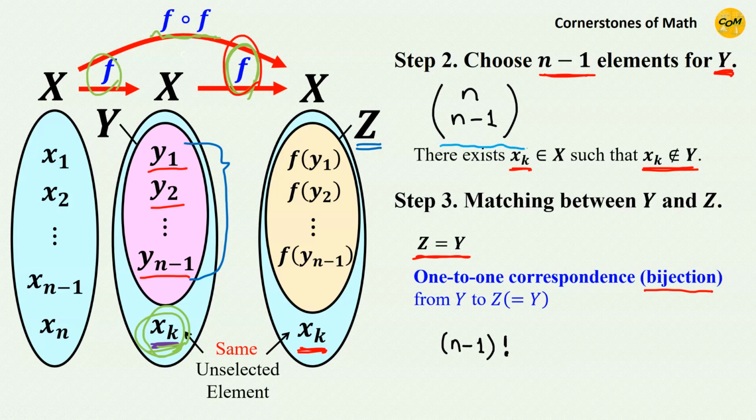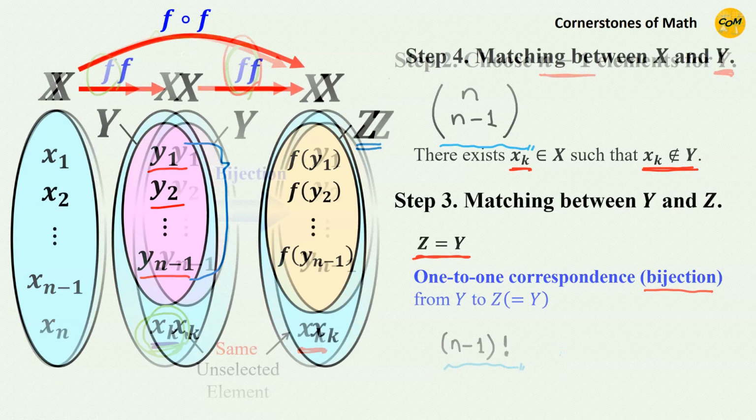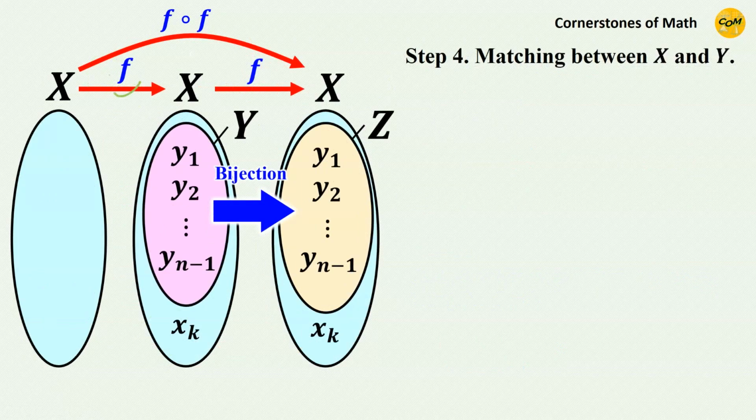So we have obtained this and this. And finally, the first f, the first part of the function composition. Our domain x has n elements, and we can actually write them as the n minus 1 elements from y, y1, y2, up to y(n minus 1), and the one leftover element xk that doesn't belong to y.